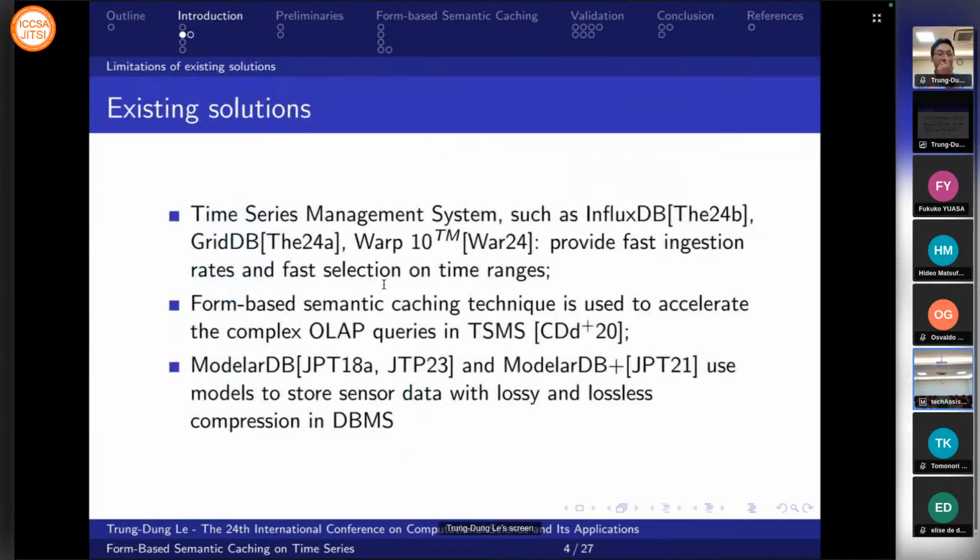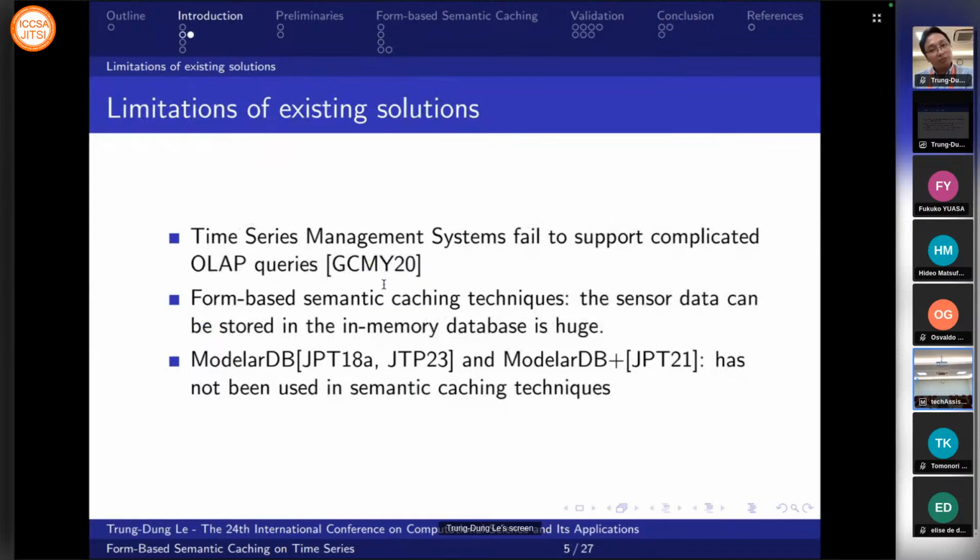But time series management systems such as InfluxDB, RedisDB, and WebTech provide fast ingestion rate and fast selection on time range, but they fail to support complicated OLAP queries.